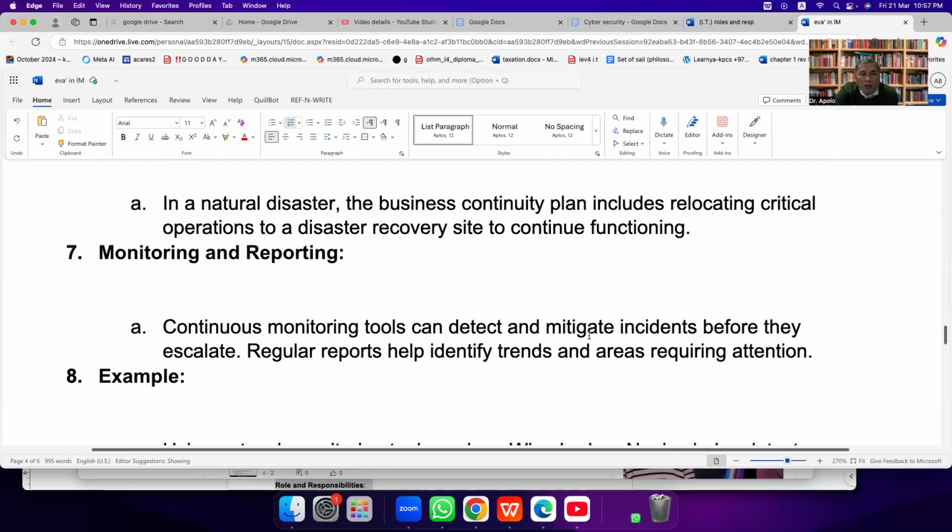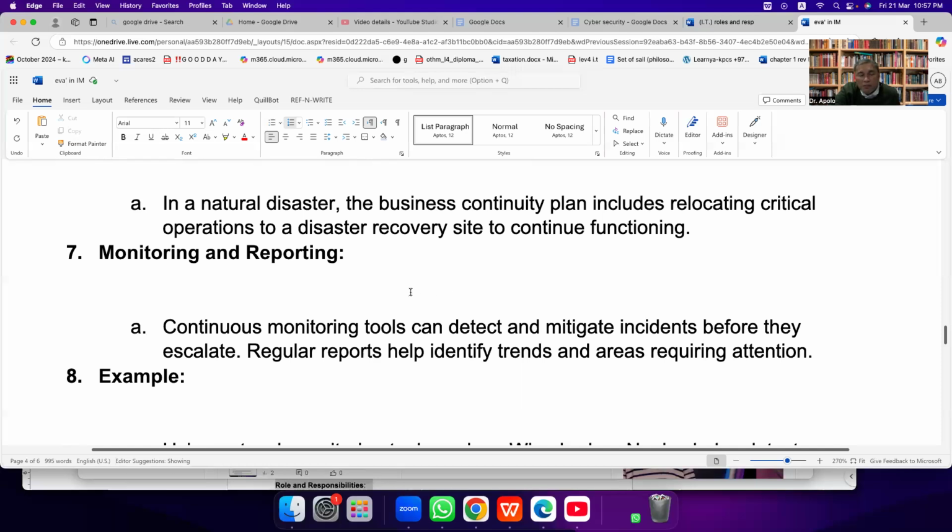In a natural disaster, business continuity includes relocating critical operations to a disaster recovery site to continue functioning. The server location is not announced. Whenever an important file is saved, it goes to a different multi-site. So in case they wreak havoc on the main server, they can easily restore the data, which is untouched.